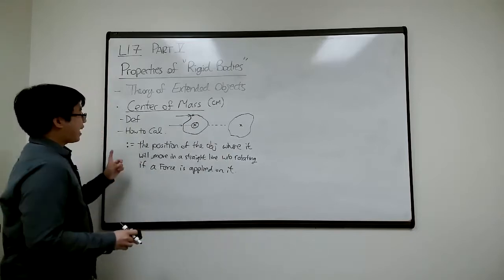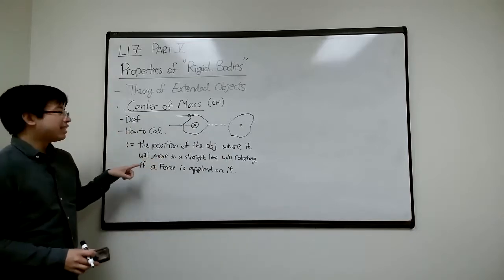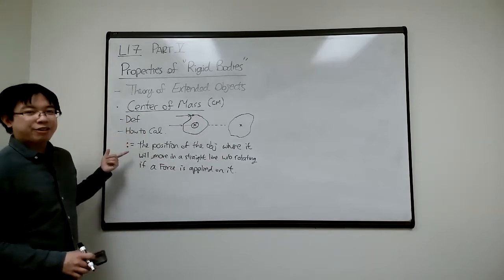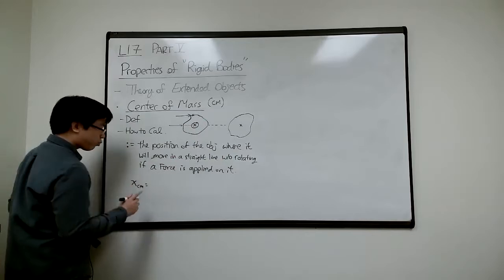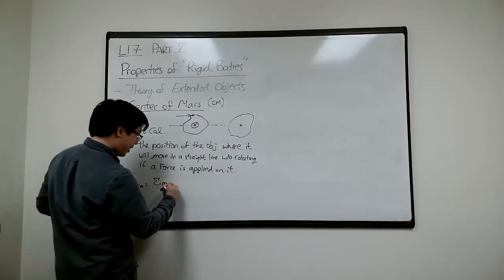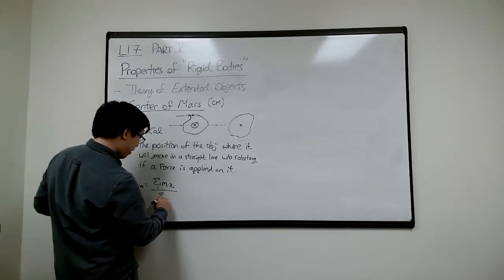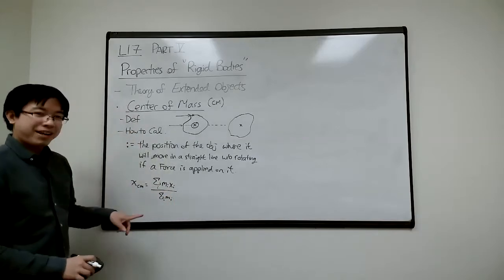Okay, I can give you the equation definition of this, but that essentially tells you how to calculate it, and it's a little bit complicated. If it's one dimension, it's x_cm equals the sum of m_i x_i over the sum of m_i, like that. That will mean nothing to you, so let me motivate this bit by bit.